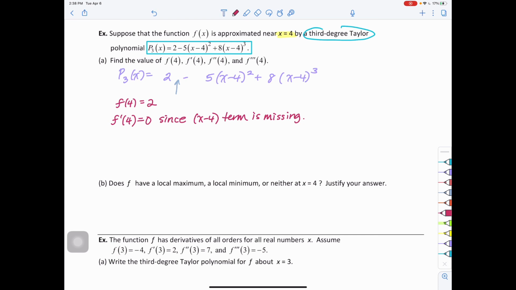We notice that f double prime of 4 divided by 2 factorial has to be equal to negative 5. So this negative 5 right here is f double prime of 4 divided by 2 factorial. So what could you say? You could say f double prime of 4 is equal to negative 10.